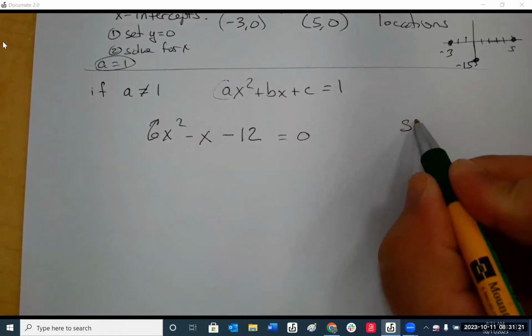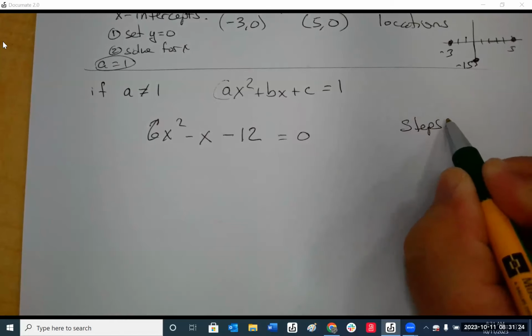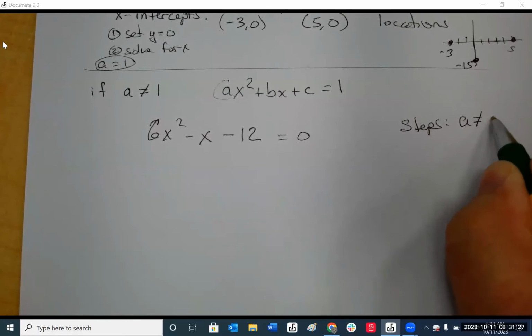And here are those steps. Steps if a does not equal 1.